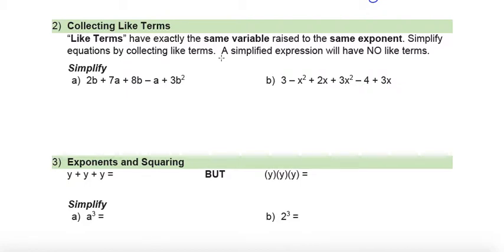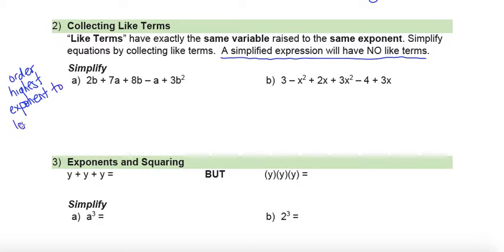So you always want to simplify your expressions as your final answers. And when we're simplifying our expressions, we want to make sure that we order from the highest exponent to the lowest. So that's important as well.